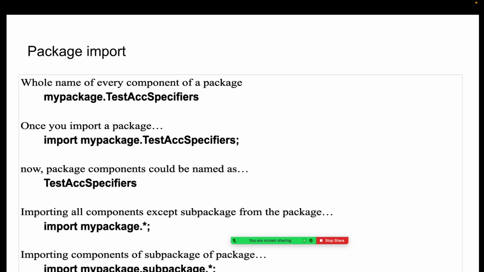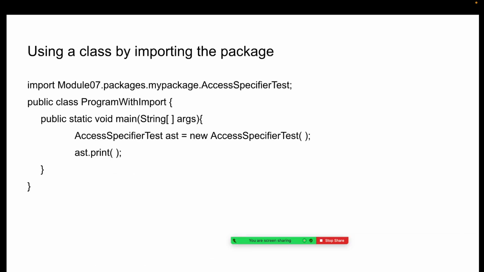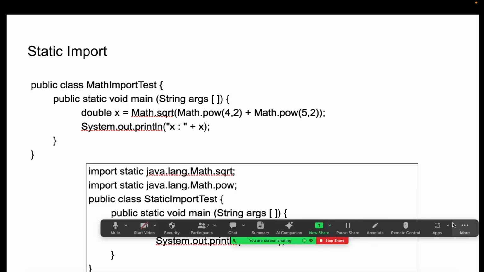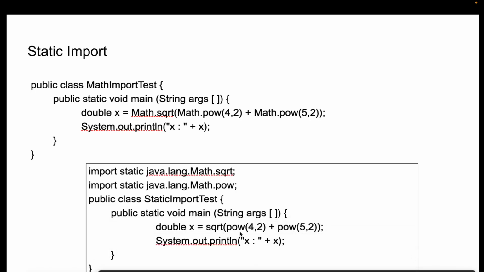So this we have already seen, like importing this class first and then trying to create the object of this class. We have already seen this, and we have seen this as well, like static import. Static import is something like this Java inbuilt functionality like math.sqrt or math.pow.